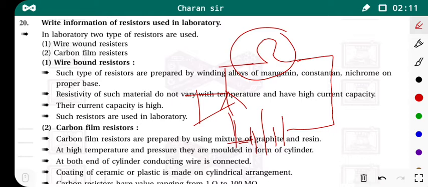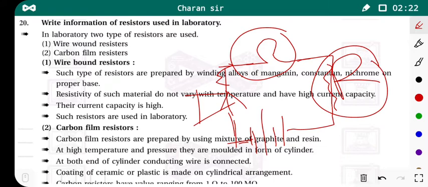Now here we connect one resistor, somewhere here, this is our resistor. Suppose this resistor is made of an alloy or material whose resistivity is dependent on temperature. When current passes through the resistor, the resistivity will change.